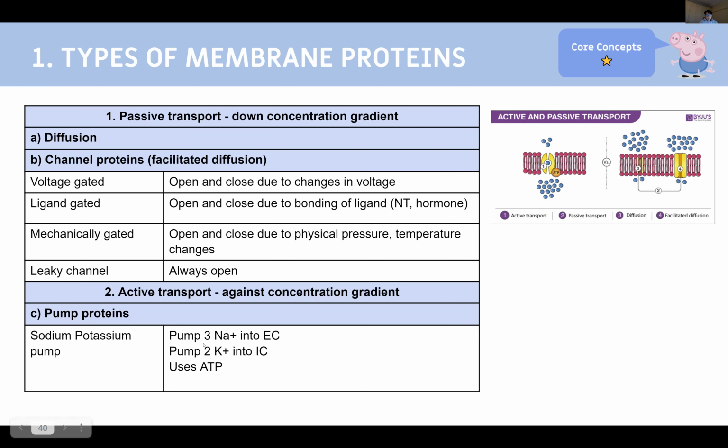It swaps 3 sodium ions for 2 potassium ions: it pumps 3 sodium out into the extracellular space and pumps 2 potassium into the cell, and it uses up ATP in the process. Over here, you can see we have our active transport, which is using ATP, and then our 2 types of passive transport, diffusion and facilitated diffusion.